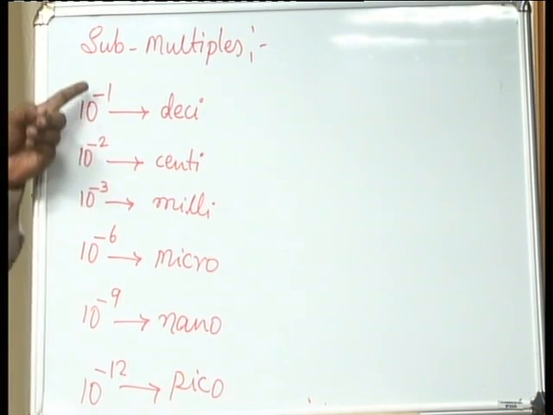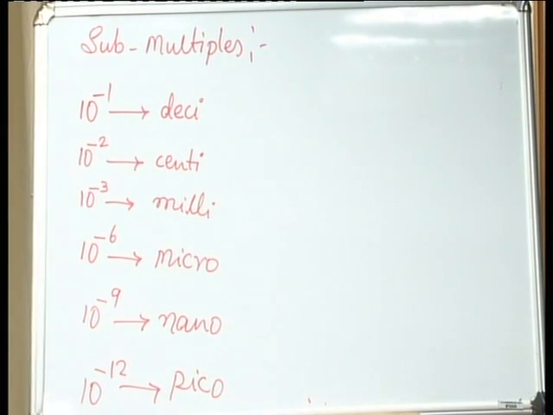There is a list of submultiples available in the SI system which are used to express very small physical quantities comfortably.